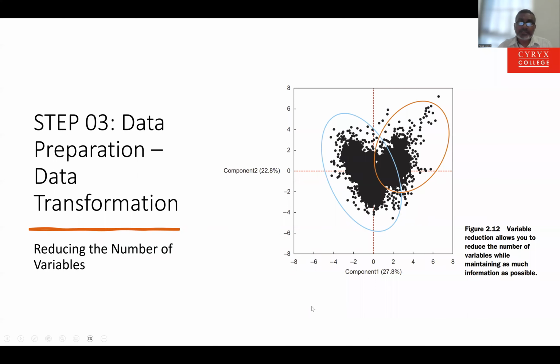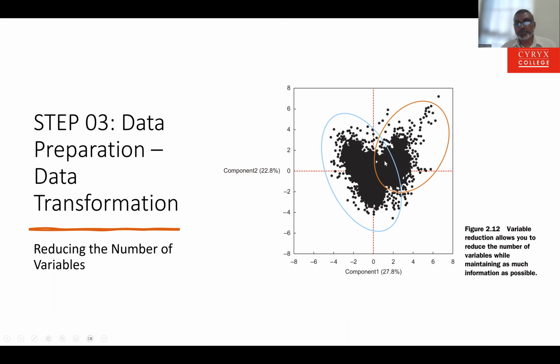The other is reducing the number of variables. When you have many variables to do a prediction, then the prediction may not be that accurate. So you have to check how many variables will be the optimum number, and based on that, you can reduce the number of variables. As you can see here, these two variables, component 2 and component 3, merge around here.